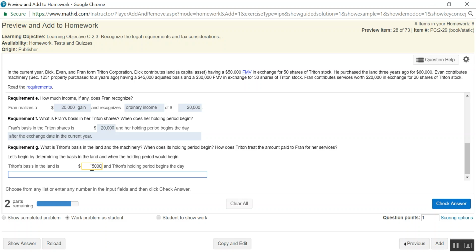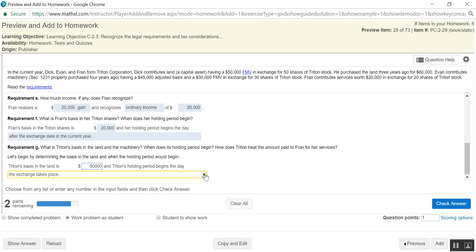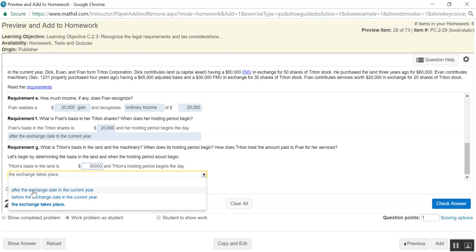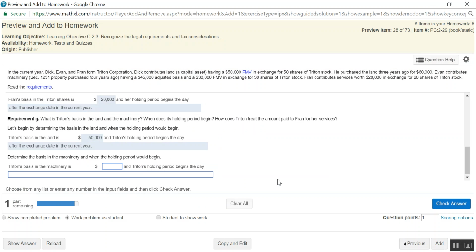So the Triton Corporation is going to have a basis of $50,000, and the holding period in this case begins the date after the exchange takes place. And same with the machinery, that's also loss property.